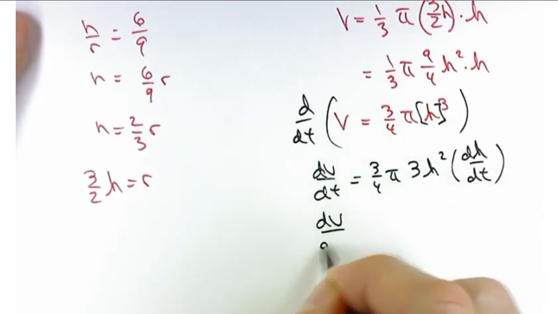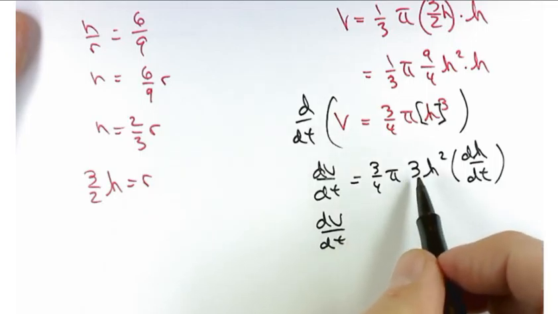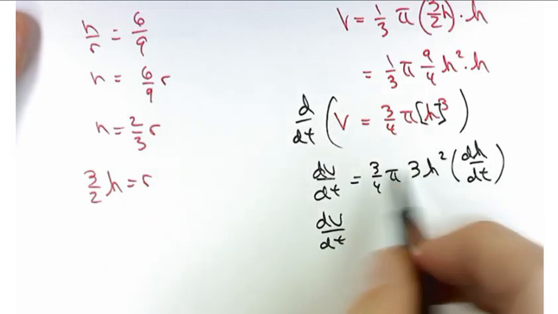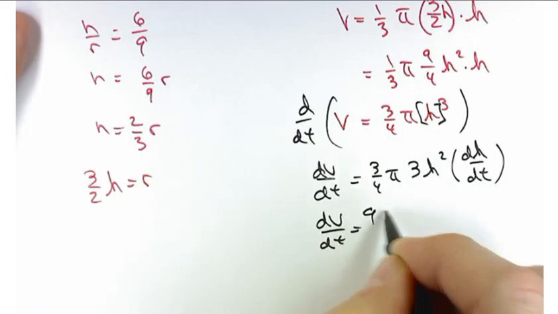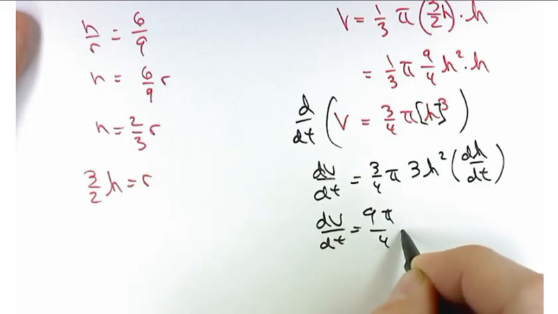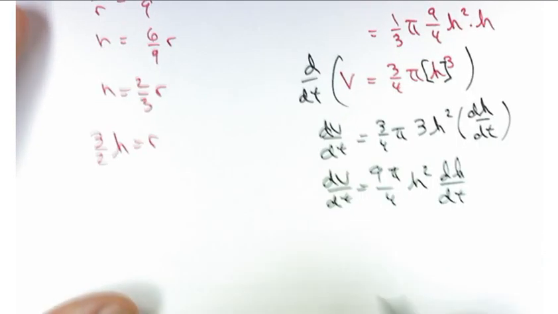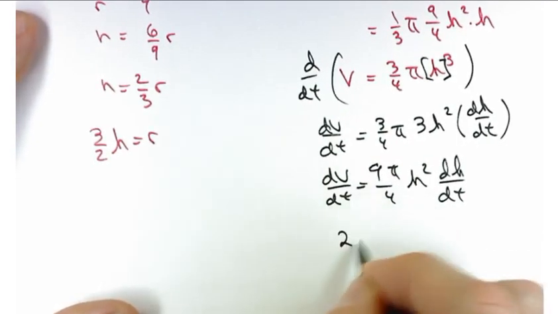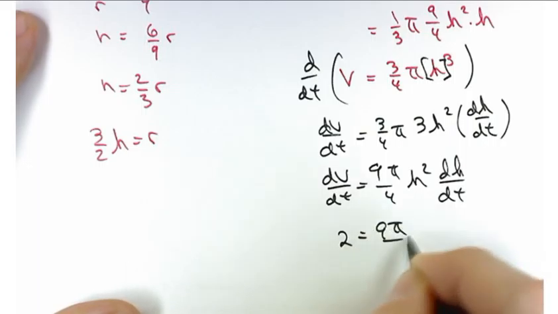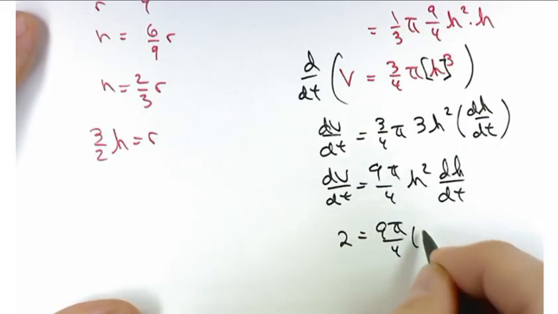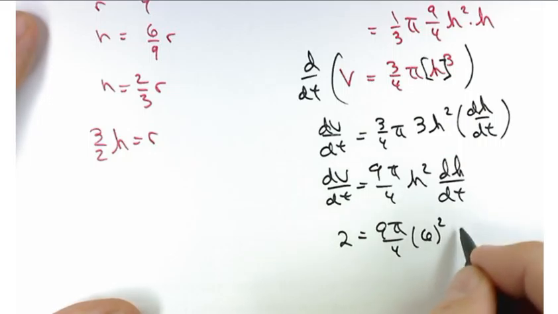That's dV/dt. Let's see, that'll be 9 pi over 4 times h squared dH/dt. Putting in my knowns, dV/dt was 2, equals 9 pi over 4 times 6 squared times dH/dt.